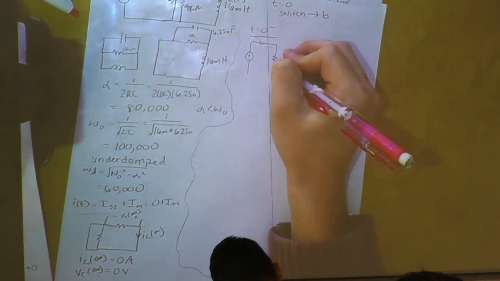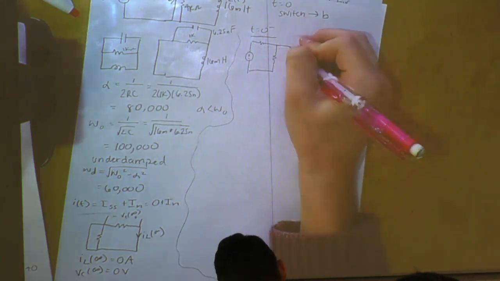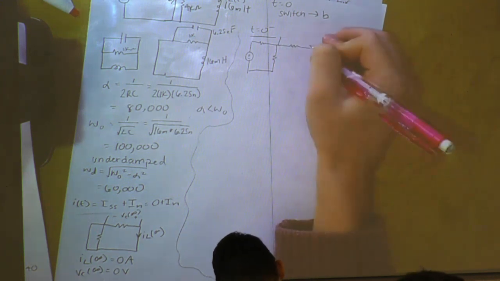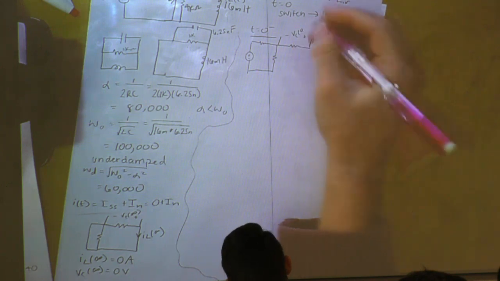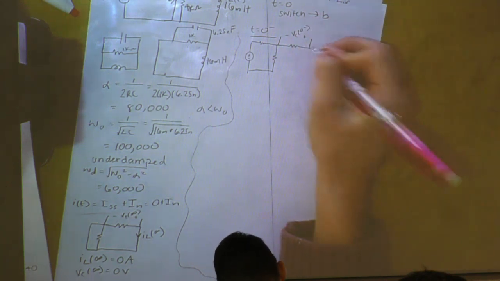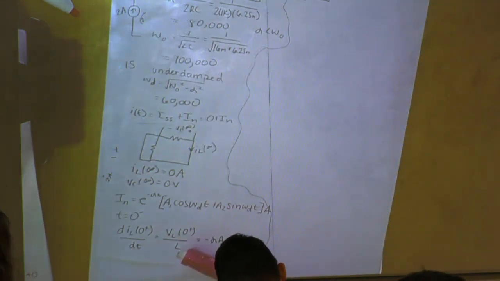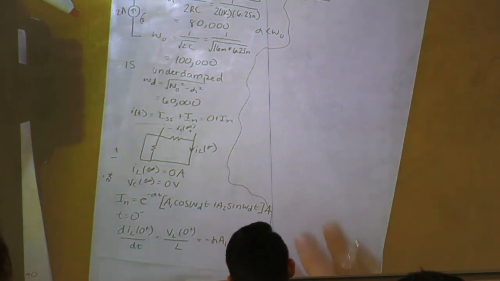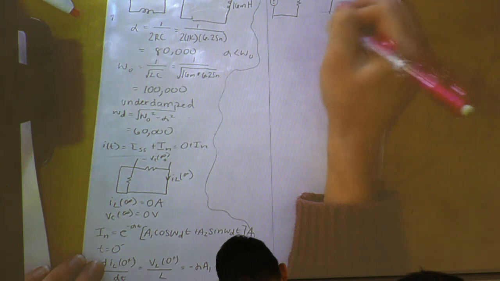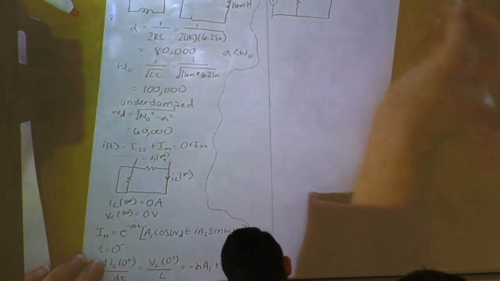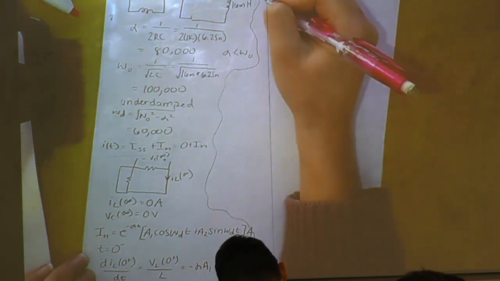We have this 4K, 1K. Our capacitor is open. We're going to want to find VC of 0 minus because it'll help us in finding VC of 0 plus, and the current IL of 0 plus. And then our inductor is shorted.